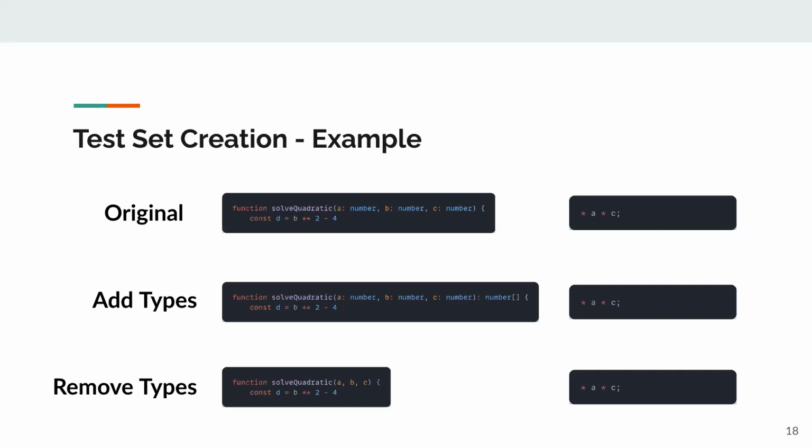So perhaps if we see that either adding types makes it better, well, then we have good news. But if removing types makes it better, then we don't have a problem either, because this will most likely work in TypeScript anyway. Okay, yeah, thank you.